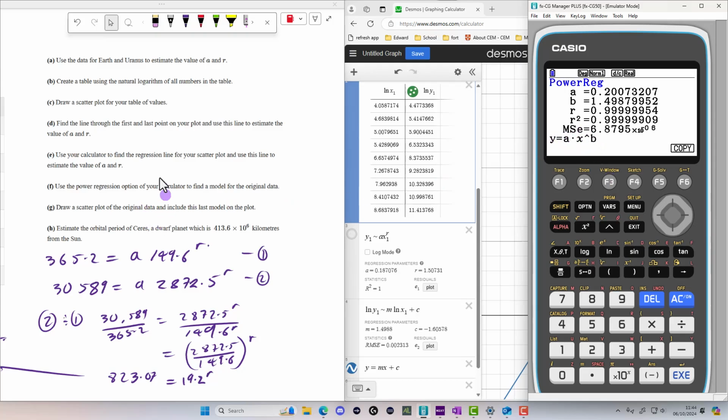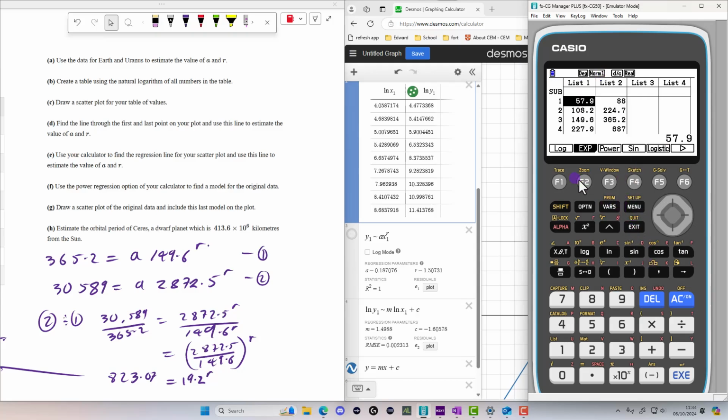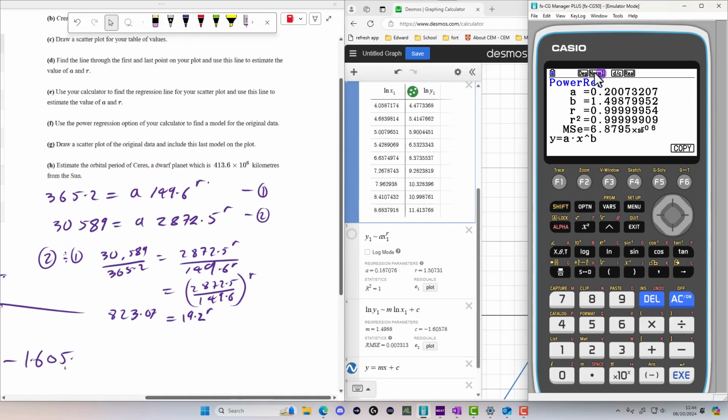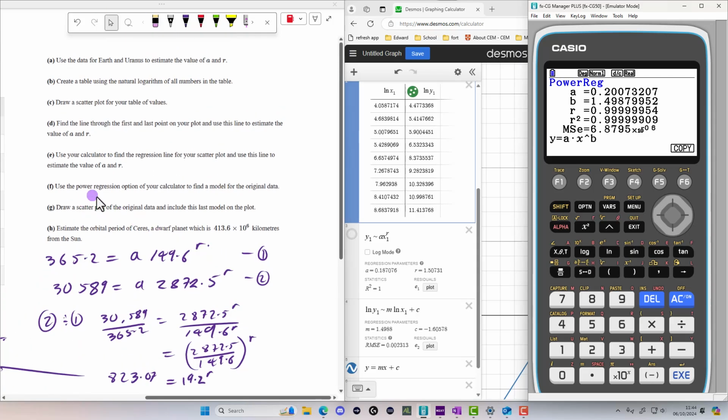We want y equals ax to the b. So we go power, and I get that A is equal to 0.200 and B is equal to 1.4988, and the R value equals 0.999. So it's really very close to being a perfect curve. That is how we can find our values using the power regression in our calculator.